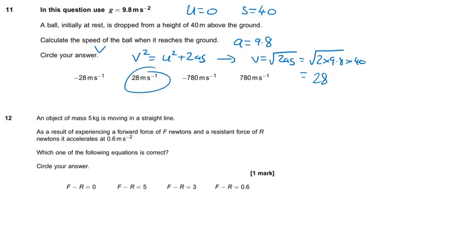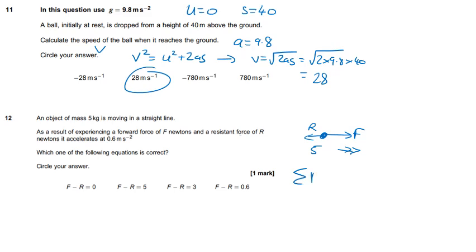An object of mass 5 kilograms is moving in a straight line. As a result of experiencing a forward force of F newtons and a resistant force of R newtons, it accelerates. So which of the following is correct? Okay, so we've got some object here. It's 5 kilograms. It feels a force F forward and R against it, and it accelerates that way.